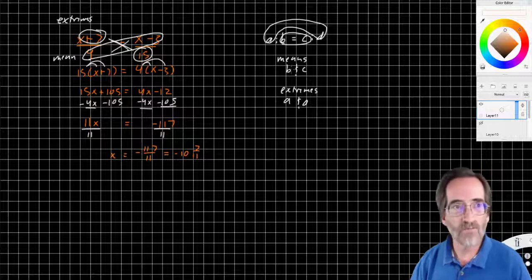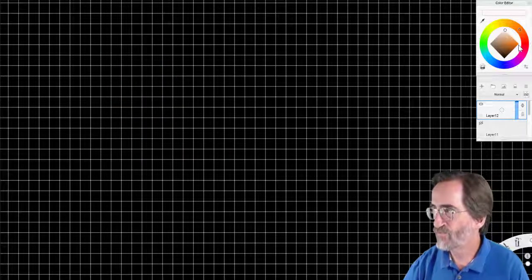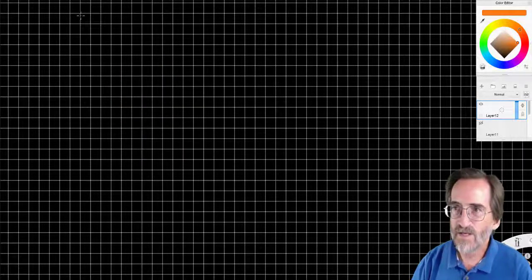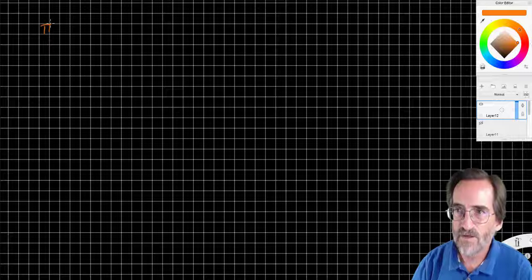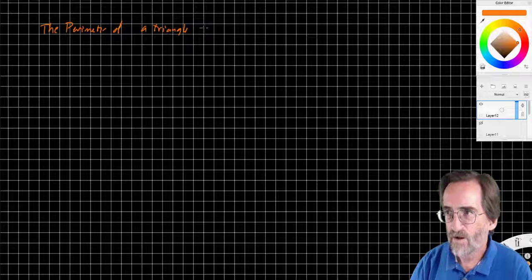Now there's one kind of problem that may give you fits, so I want to do that here. Let's say I have this problem. It says the perimeter of a triangle is 800.